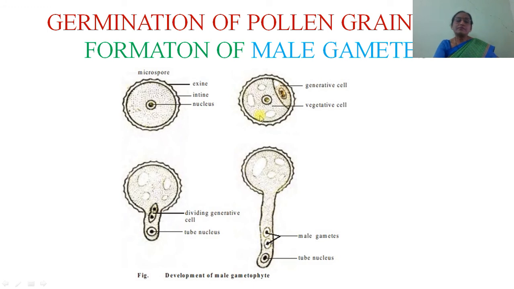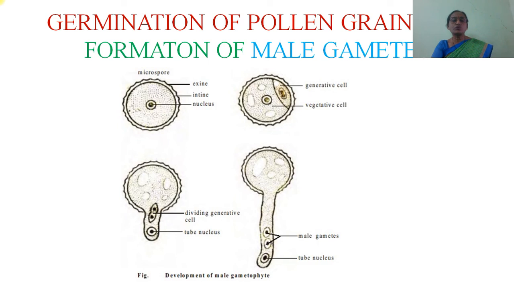Then when pollen grains absorb some moisture or nutrient material from the stigmatic surface, they start germination, and in the process of germination, the intine comes out in the form of a tube through the germ pore. While this tube-like structure comes out from the germ pore, there are two nuclei.